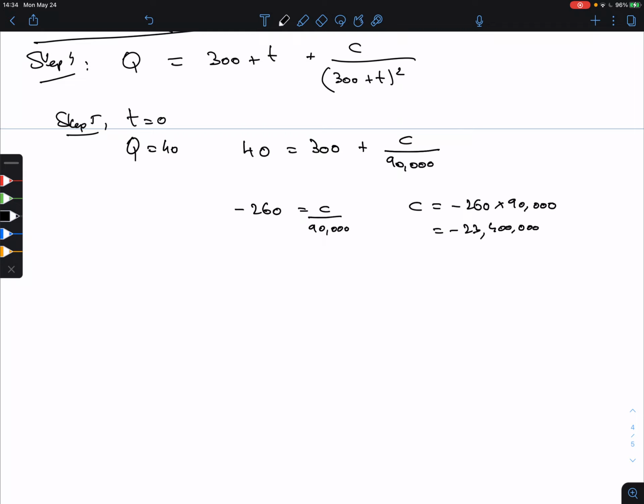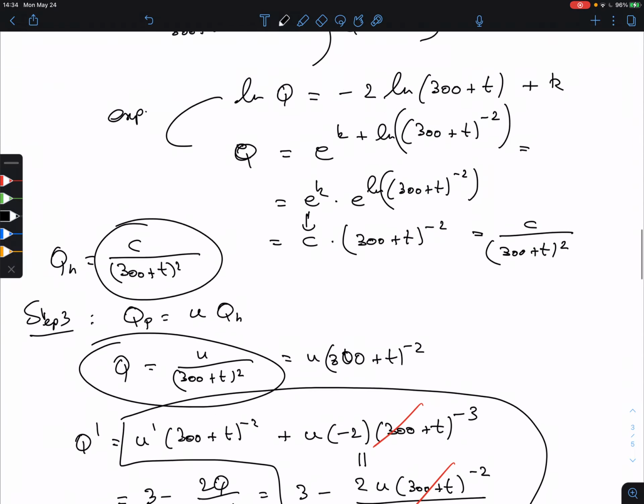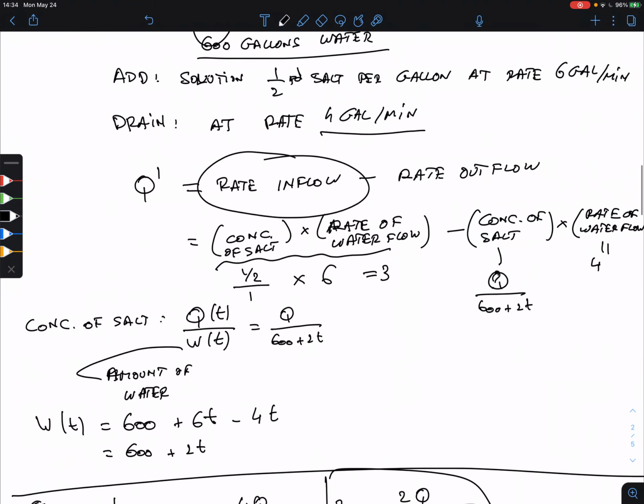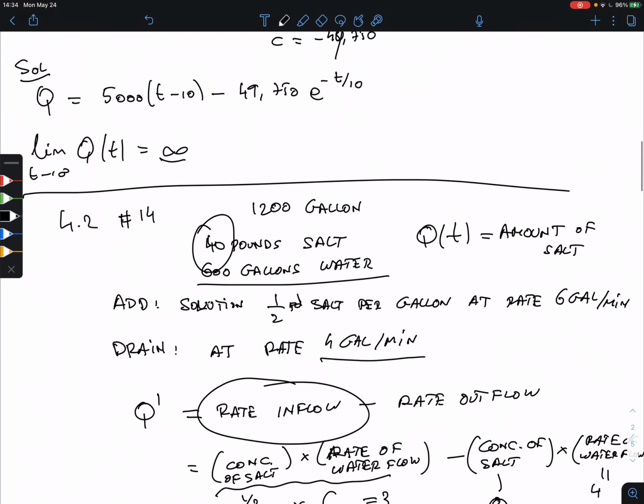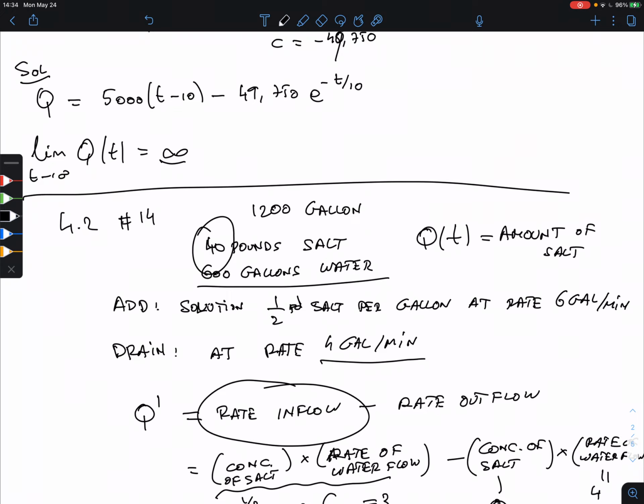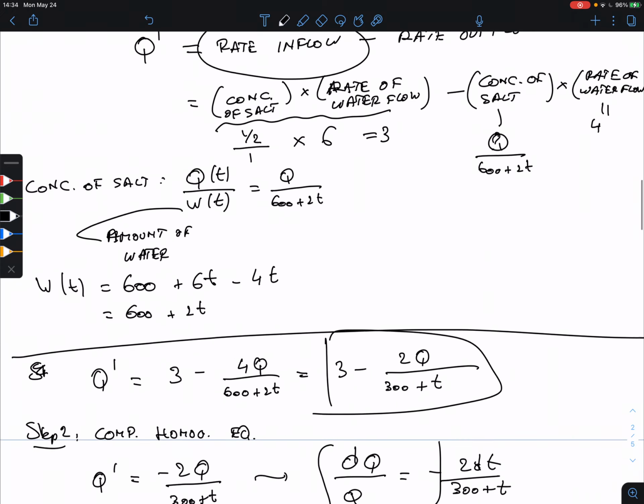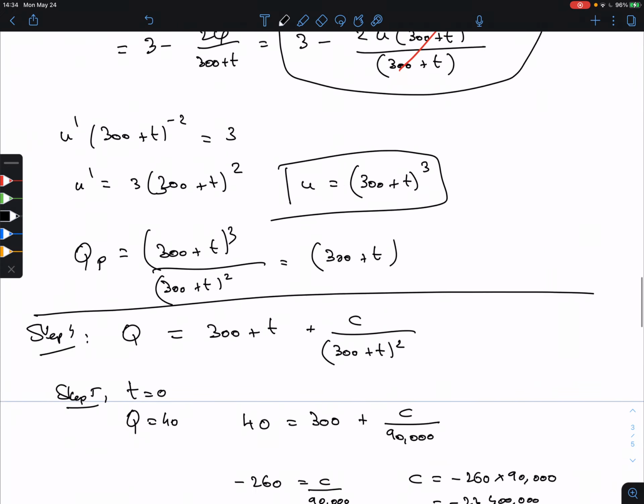So this was 4.2, number 14. Yep, that's the correct one.